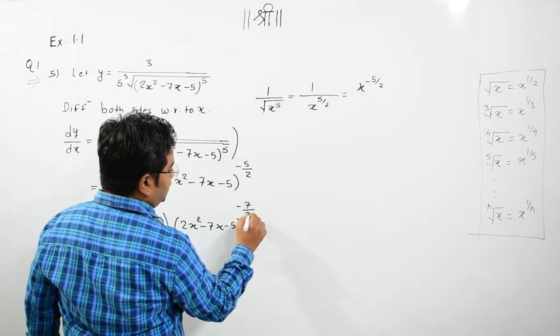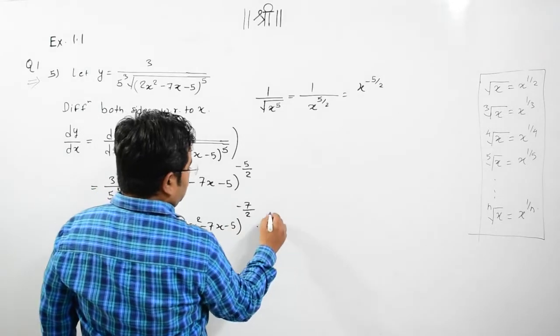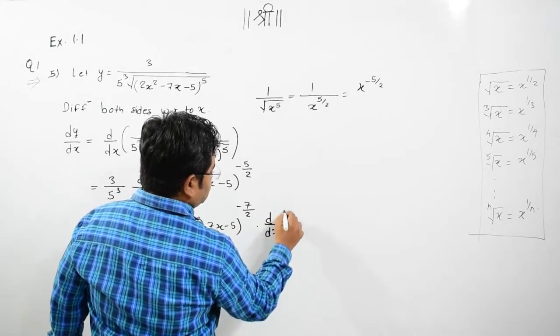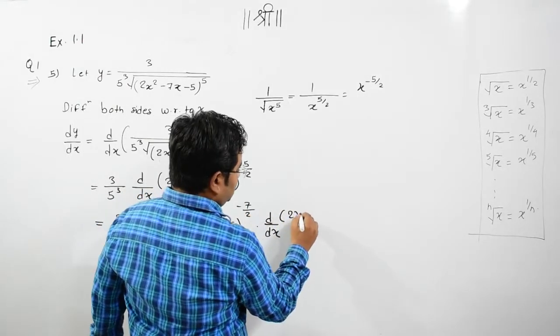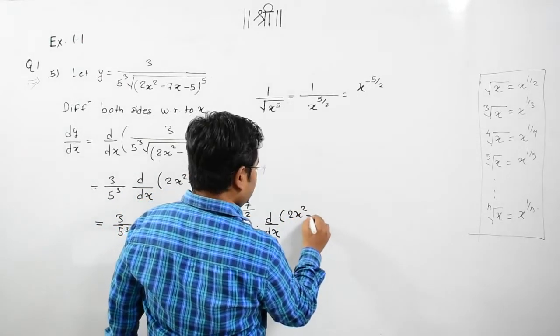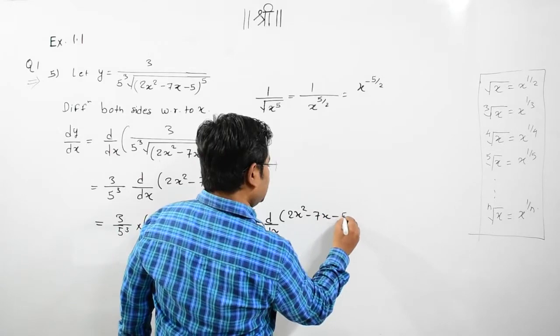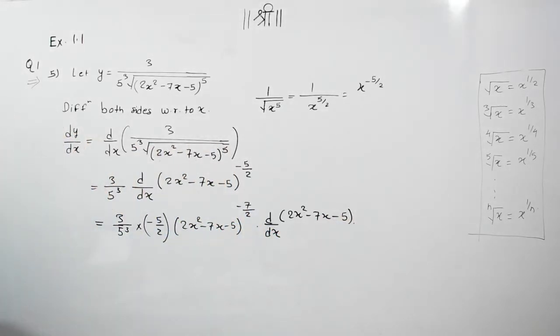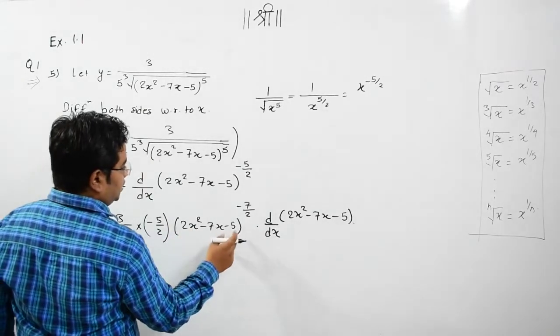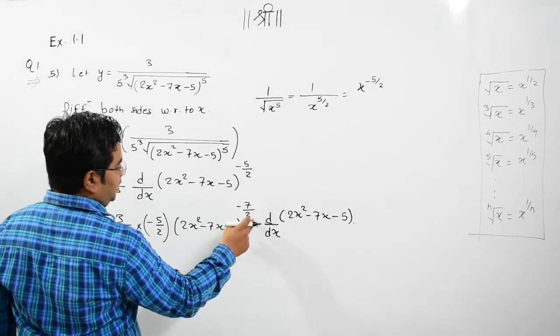Minus 7 by 2 dot d upon dx of what? 2x square means f of x, minus 7x minus 5. Very simple. You just need to be clear in your mindset about exactly what you are doing. So this is minus 7 by 2.